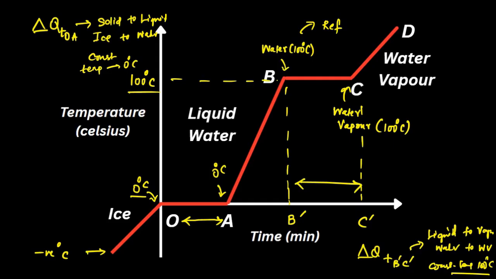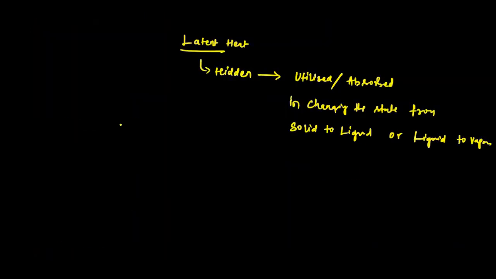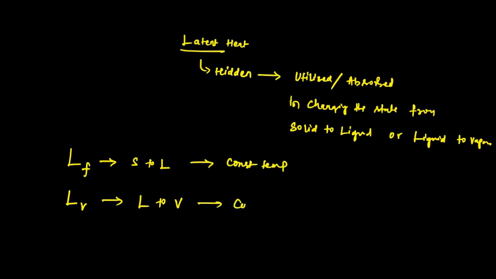For now you just understand that this is the concept of latent or hidden heat, where this extra heat is utilized in changing the state from solid to liquid, where it is called latent heat of fusion, and the other case where it is latent heat of vaporization from liquid to vapor or vapor to liquid in reverse. And this happens all at constant temperature, thermal equilibrium.